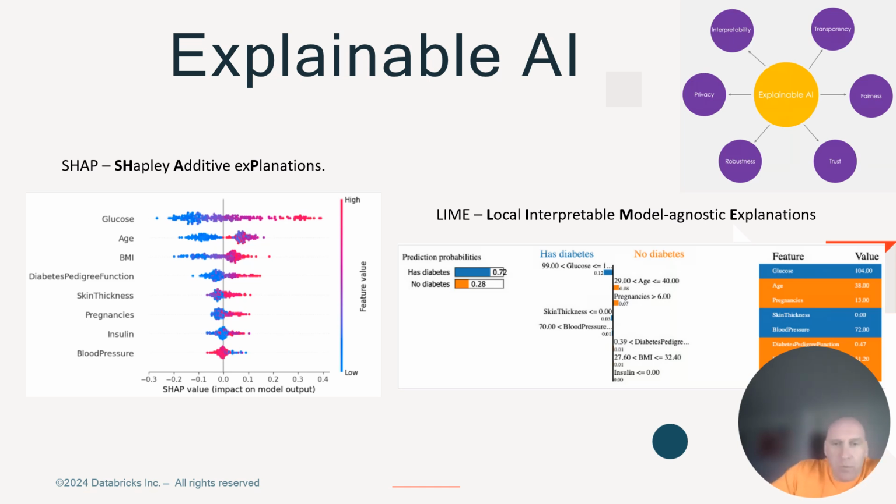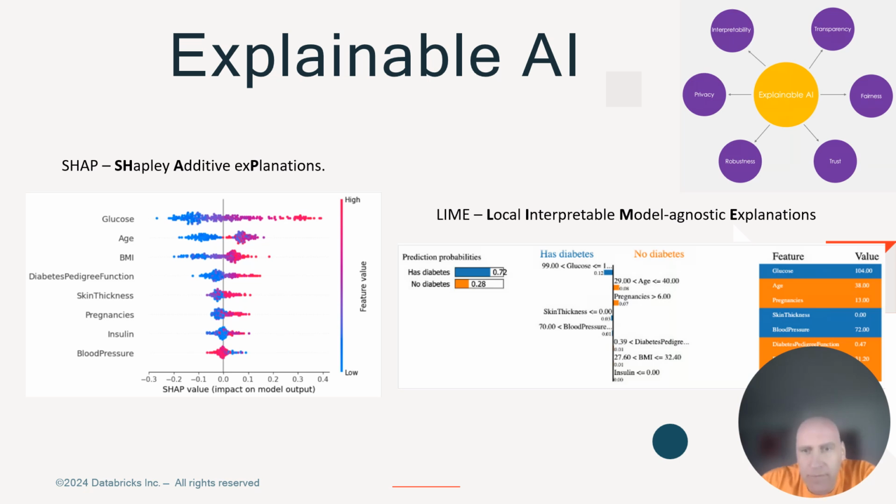And then you have LIME, which is Local Interpretable Model-agnostic Explanations. For example, we look at patient number 8. The model predicts a 72% chance that this patient has diabetes. Then you can look at why it has arrived at this decision, looking at the features and values.